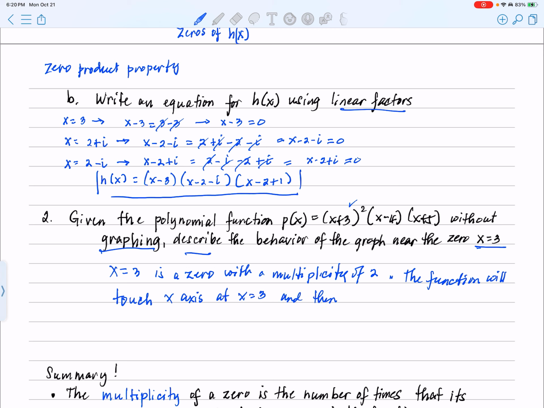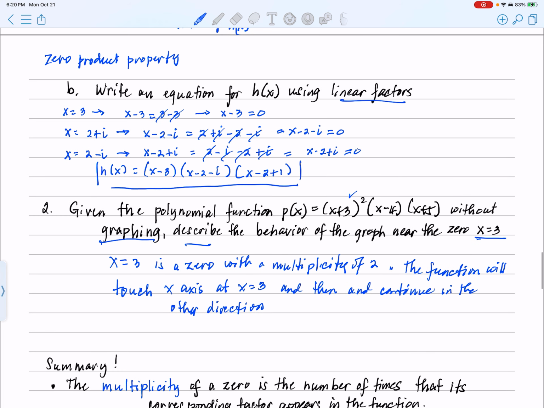So touch, bounce, or whatever you have, and then turn and continue in the other direction. Meaning it will not cross the x-axis at this point.